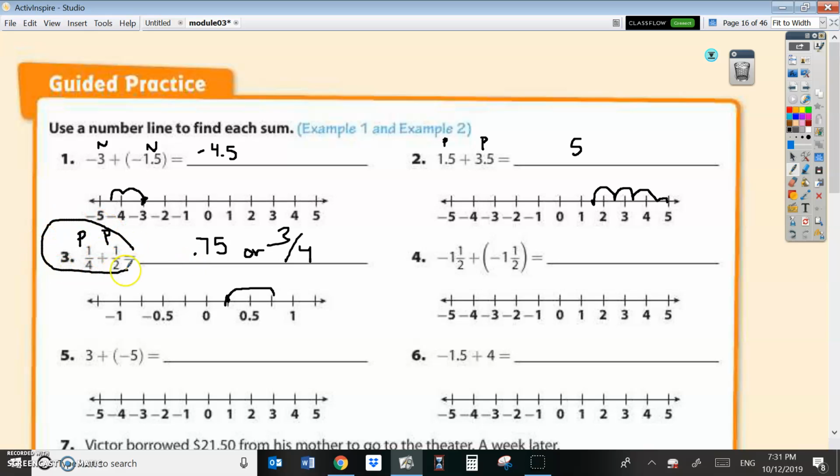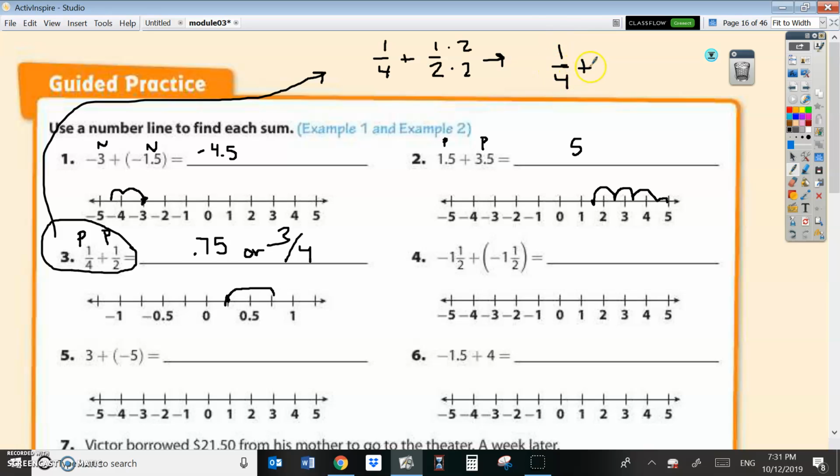Remember, you need a common denominator, so this 1/4 plus 1/2, you have to change this one. Multiply by 2, multiply by 2, so you get 1/4 plus 2/4 equals 3/4.